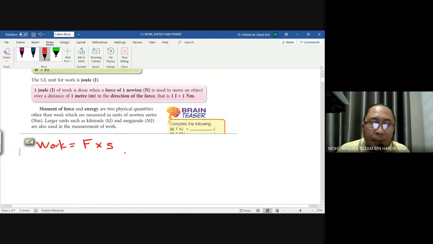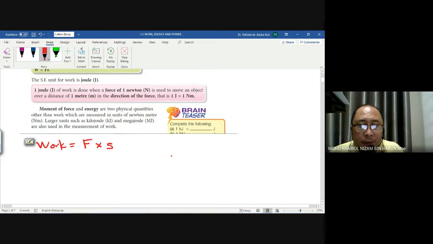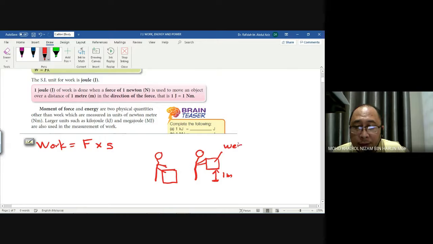So now, the example given in the diagram in the textbook: when an object is lifted up, here 1 meter, and the load, the weight of this object, is equal to 20 Newton.